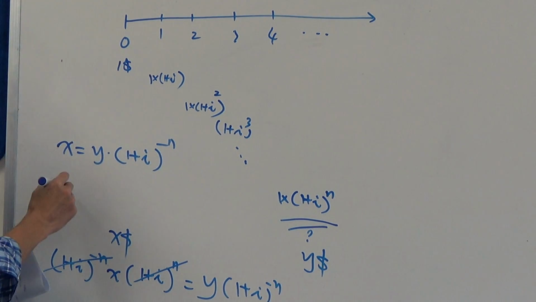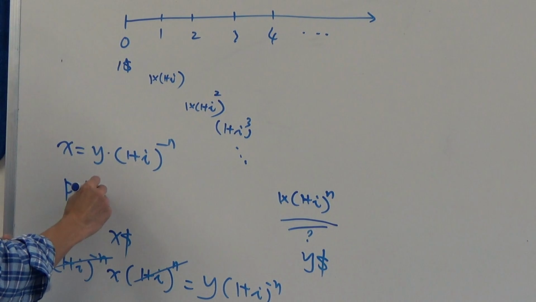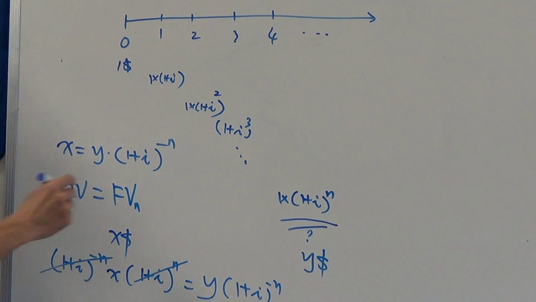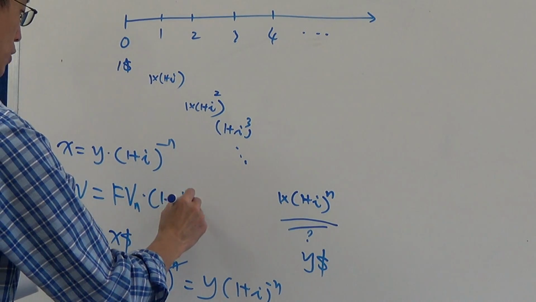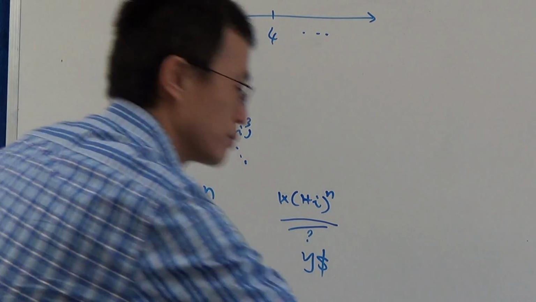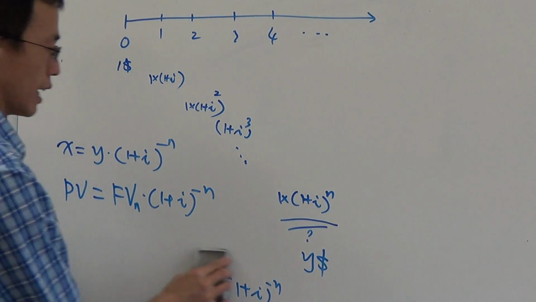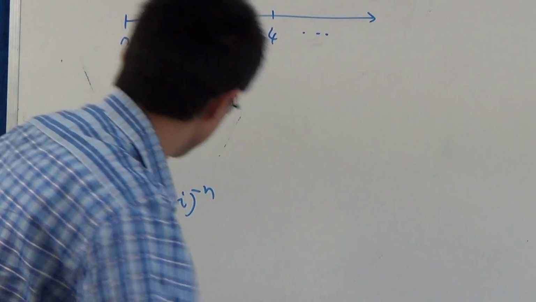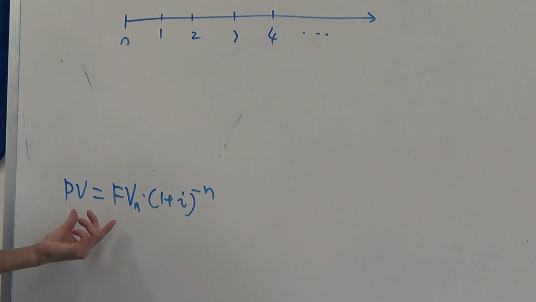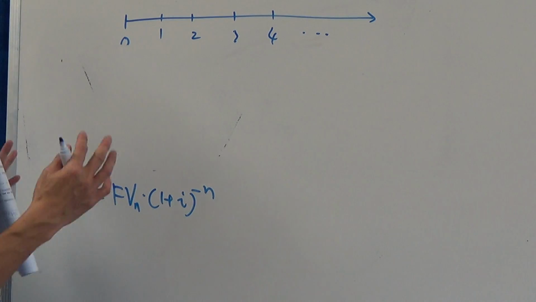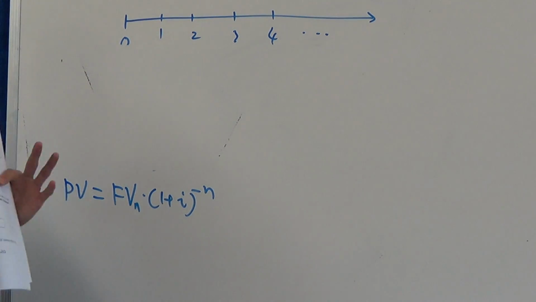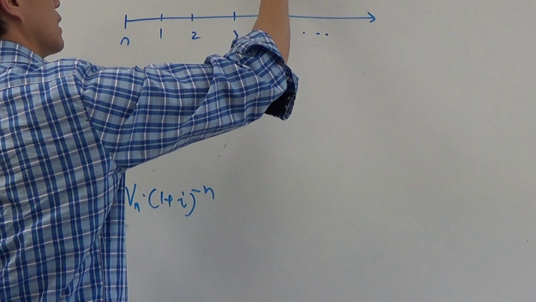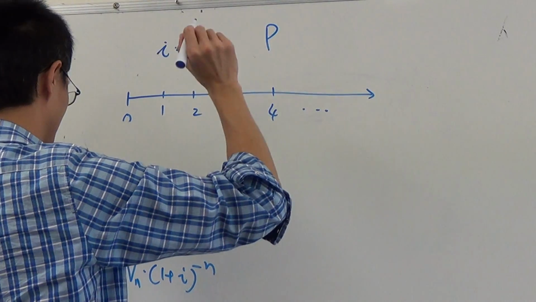Or let me write it: X, the present value, is equal to the future value in year n multiplied by 1 plus i to the power minus n. Okay. And this is a very important discounting formula that we are going to frequently use in calculating the present value of benefits and costs. So make sure you understand this.